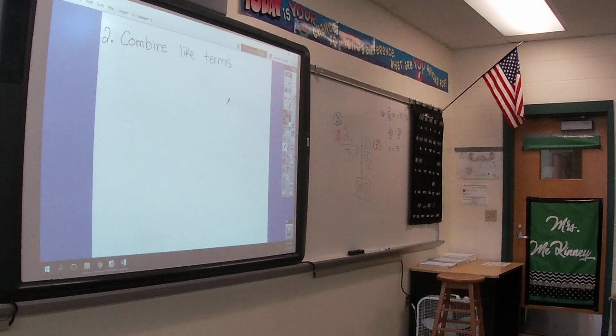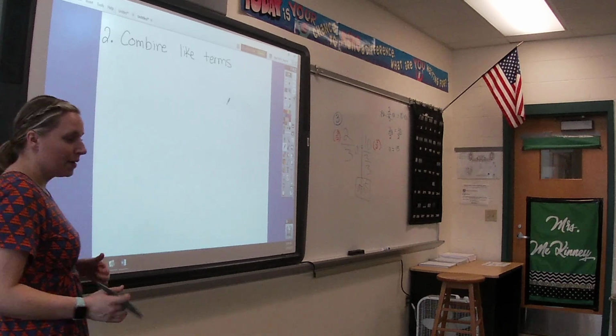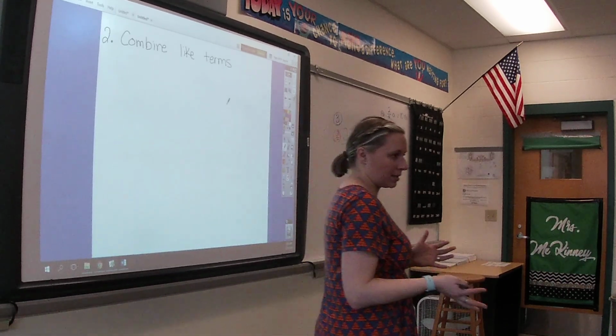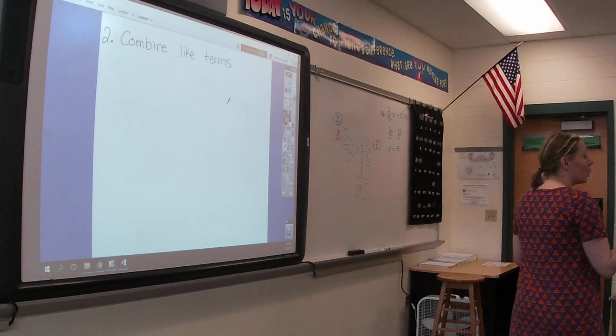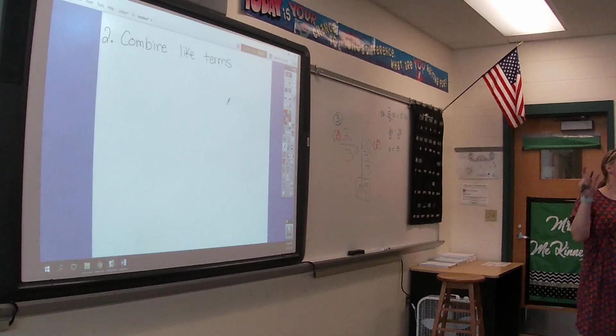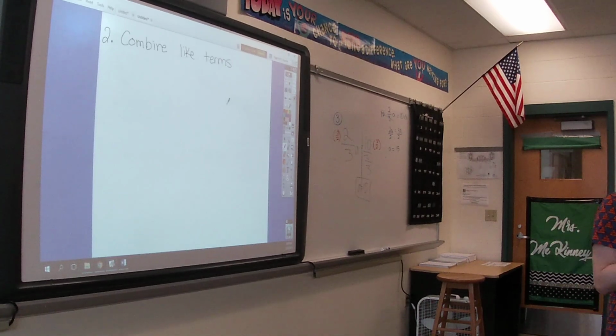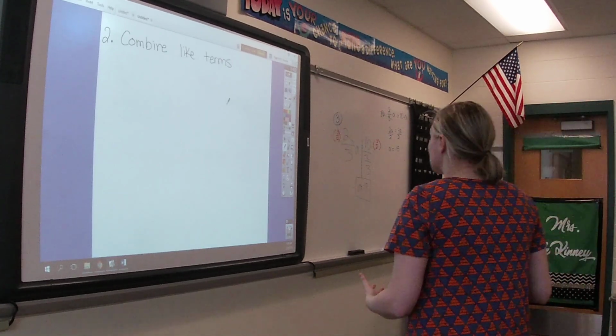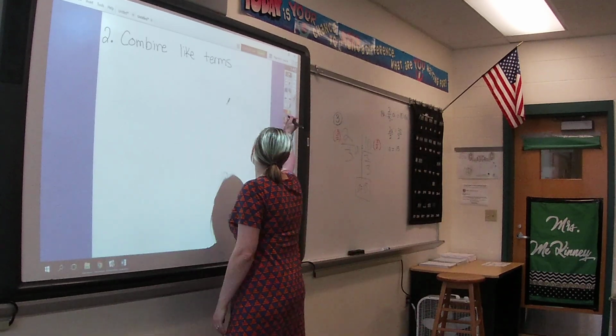Okay, combining like terms says that we're finding things that have the same type of label. An X can go with an X. A Y can go with a Y. Okay, but an X cannot go with a number that does not have an X. Those aren't like terms.